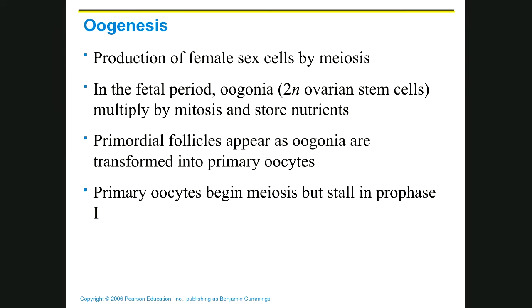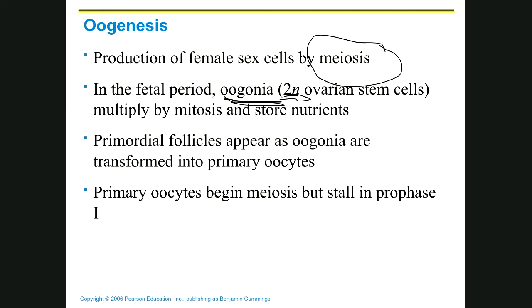So remember, this whole process is all about meiosis. And so just like with the male, we're going to start out with these cells. They're called oogonia. And oogonia are just plain old normal body cells.